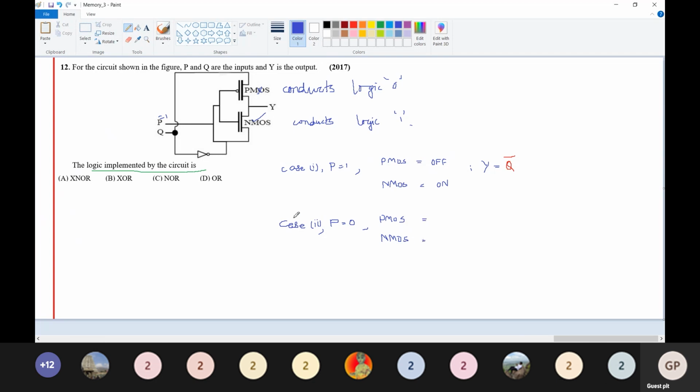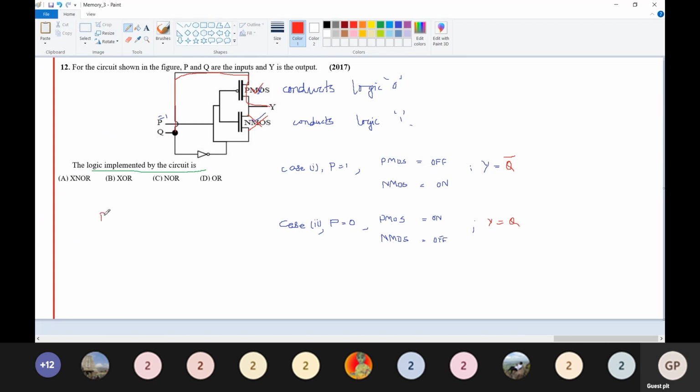When P is equal to 0, the PMOS will be on and the NMOS will be off. So Q will appear at the output. So Y is equal to Q.